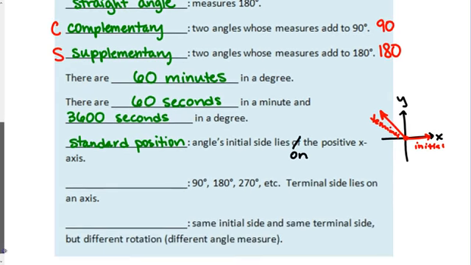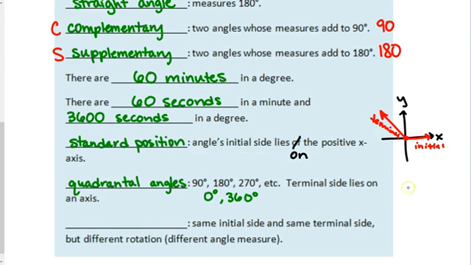Another thing you'll hear a lot is this word, quadrantal. Think of quadrants, like dividing the plane into quadrants. Quadrantal angles are the ones that are multiples of 90 degrees, 90, 180, 270, 0 as well, 360, and so on.